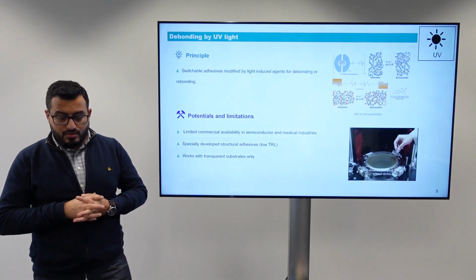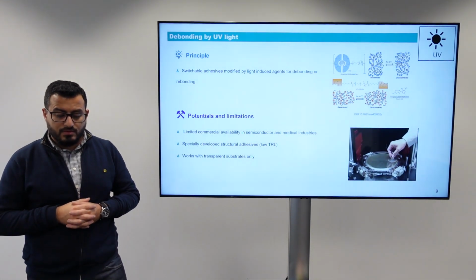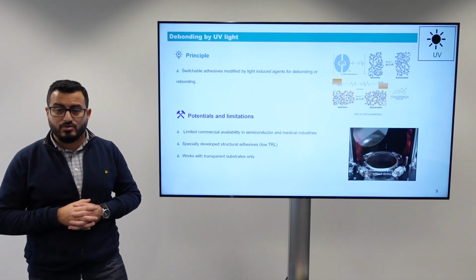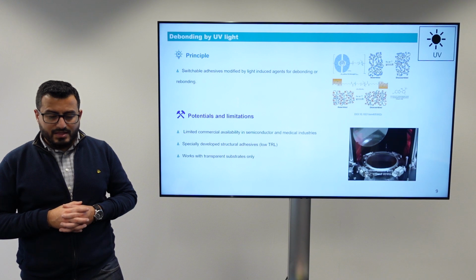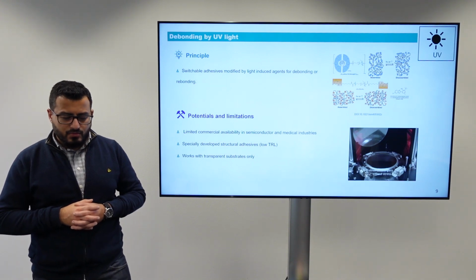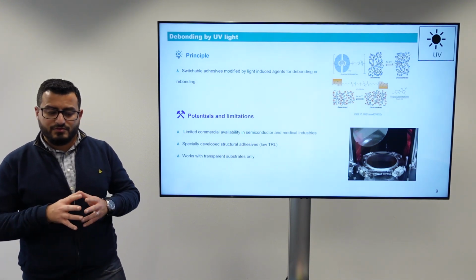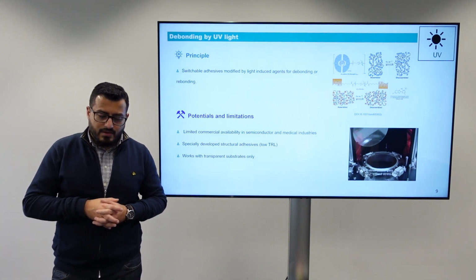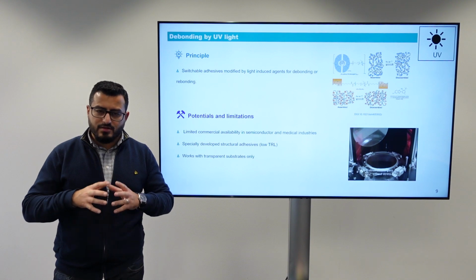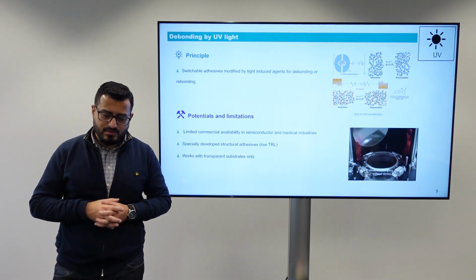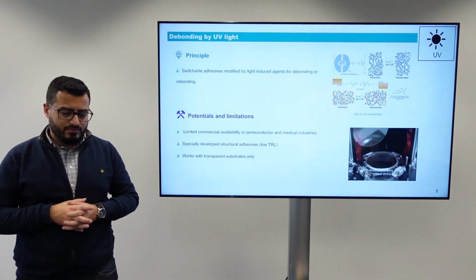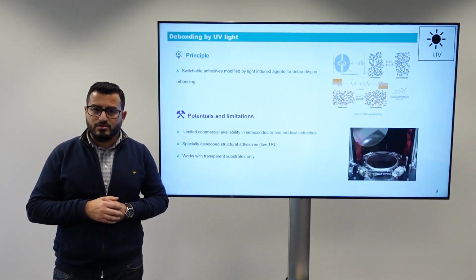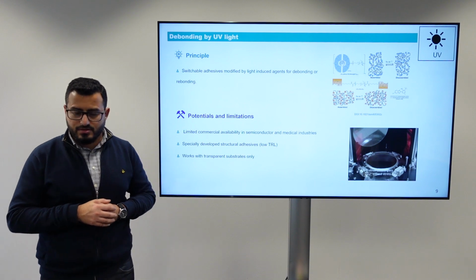These are also limited commercially, but they are available for certain sectors like semiconductor sectors and medical industries. But when we consider structural adhesives, these are not really available on commercial scale, and it's still in the phase of research. So in that case, it has a low technology readiness level. And of course, one thing to mention is that it works only with transparent substrates.